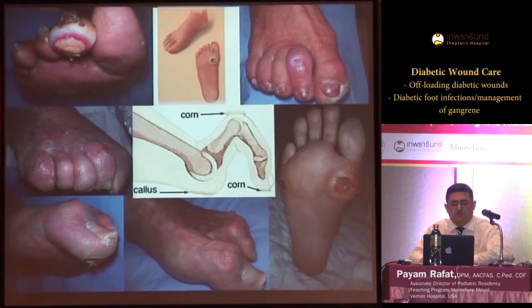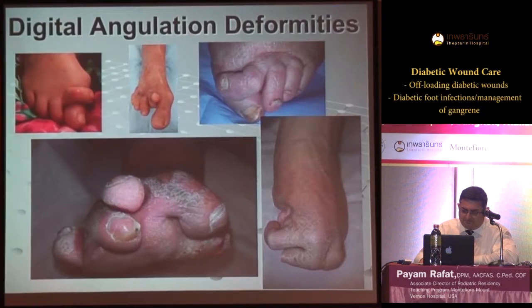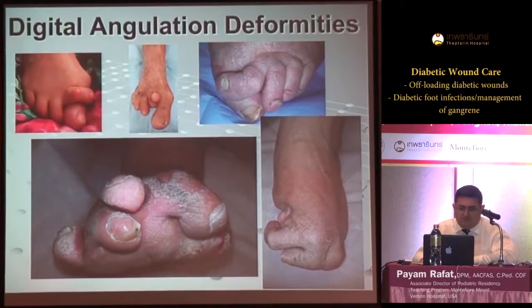Now, people with hammertoe deformities typically will have high pressure areas at the dorsal interphalangeal joint areas, plantar submetatarsal areas, and the distal plantar aspects of the toes, leading to abnormal pressures. Also, people with digital angulation deformities will certainly have abnormal pressures leading to potential problems.